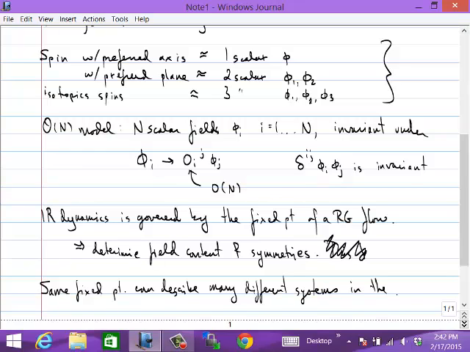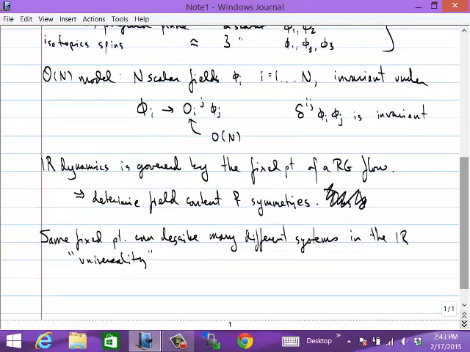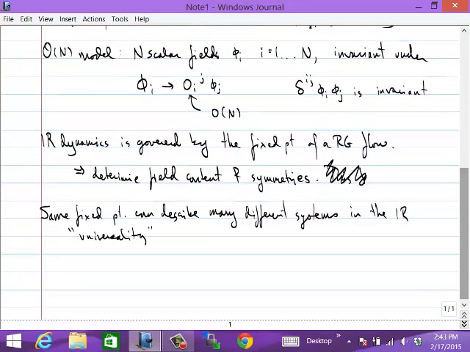And this is a notion that sometimes goes under the name of universality. So let me give you an example of this. Later on in this class, we'll study a fixed point at n equals 1. And this fixed point has a name. It's called the Wilson-Fisher fixed point.